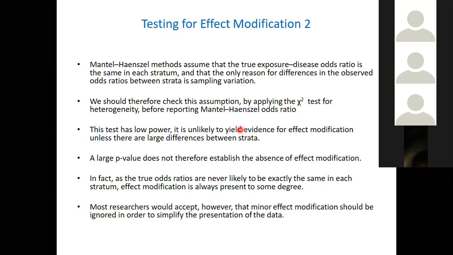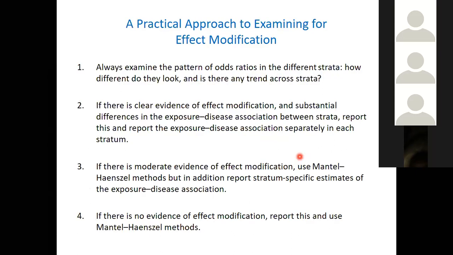In fact, as the true odds ratios are never likely to be exactly the same in each stratum, effect modification is always present to some degree. Most researchers will accept, however, that minor effect modification can be ignored in order to simplify the presentation of data.